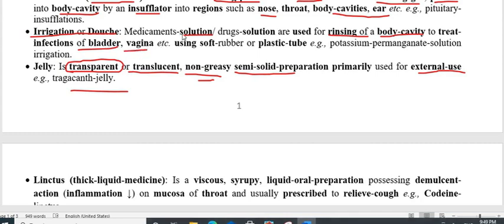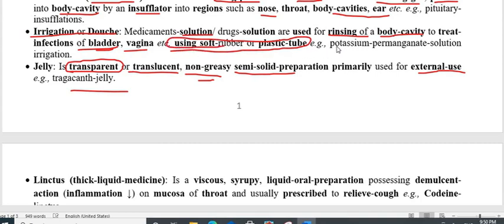Irrigation or douche is a drug in solution form used for rinsing the body cavity to treat infection of the bladder or vagina, using a soft rubber or plastic tube to carry the drug to that particular organ.